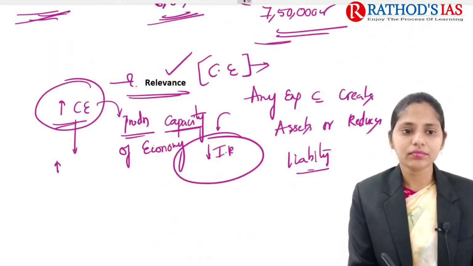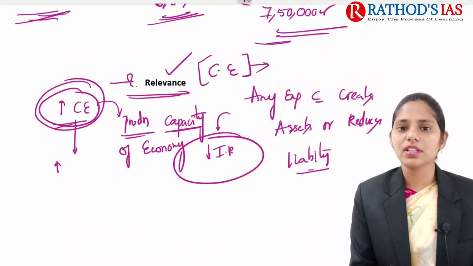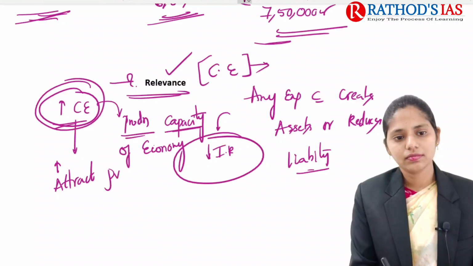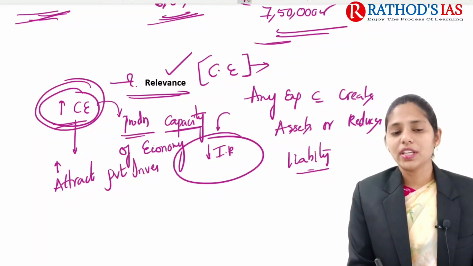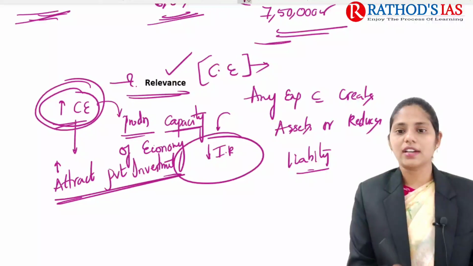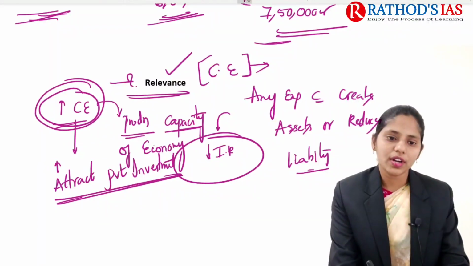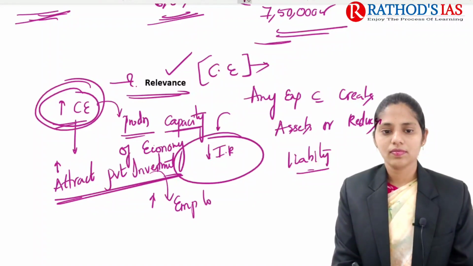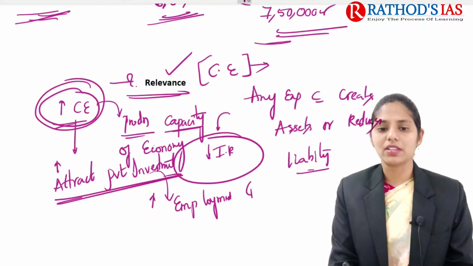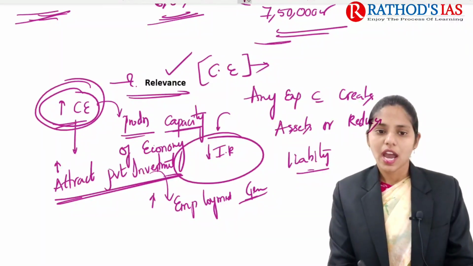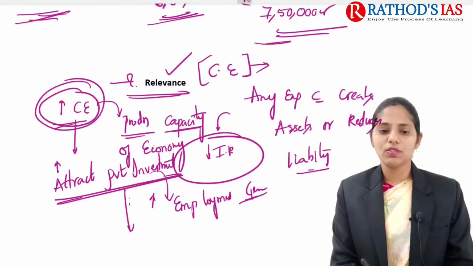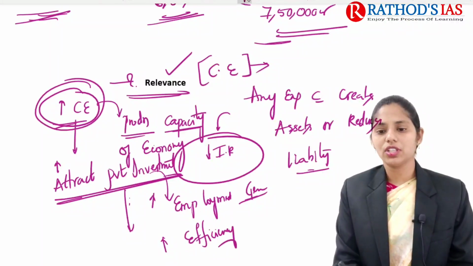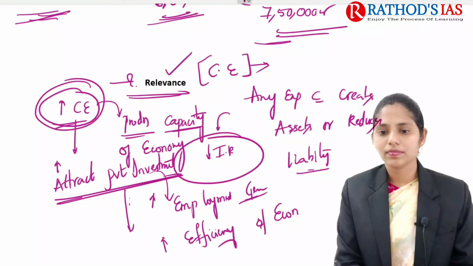Whenever there is an increase of capital expenditure, we can also attract private investment. Whenever we are attracting private investments, employment creation, or employment generation capacity, will increase, right? And further, capital expenditure will also improve the efficiency of our economy.